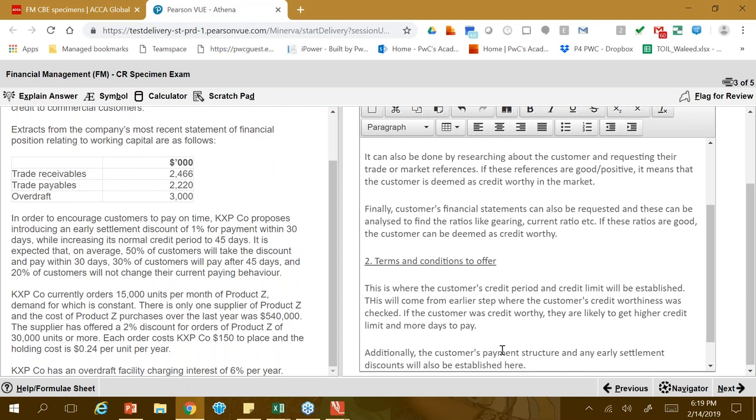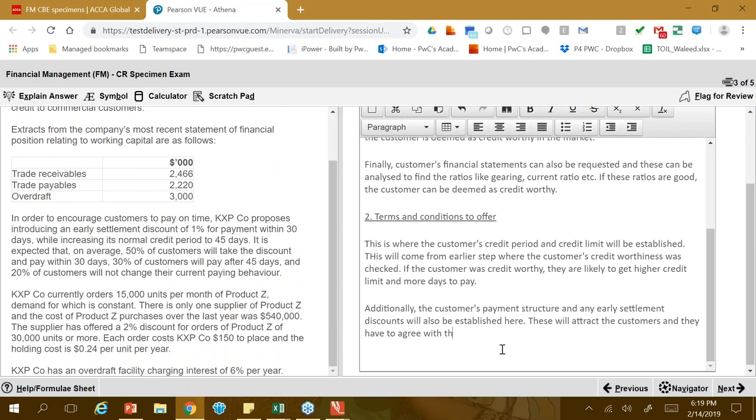These will attract the customers, and they have to agree with these for them to take effect. So the customer has to agree with those discounts or payment structures, and the idea here is that it attracts the customers because the discounts encourage them to pay early, and then we are looking at the agreement of the customers so that this takes effect.